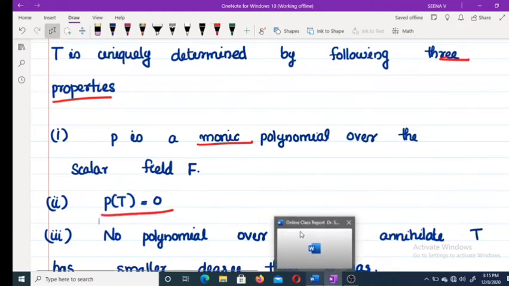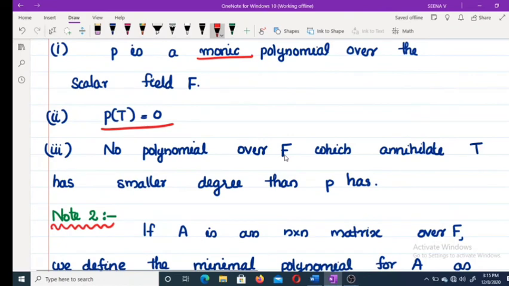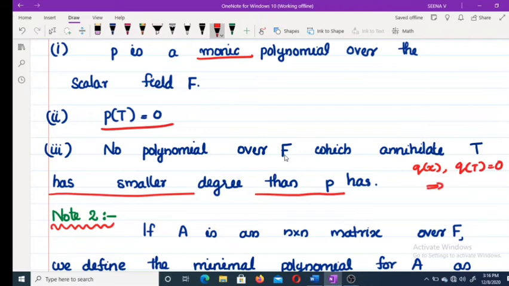No polynomial over F which annihilates T has smaller degree than P has, because every polynomial q of x such that q of T equals 0 is a multiple of P of x, some P of x times r of x. Now what about the degree of q of x? Clearly that must be greater than or equal to the degree of P of x. Therefore, no polynomial over F which annihilates T has smaller degree than P has.